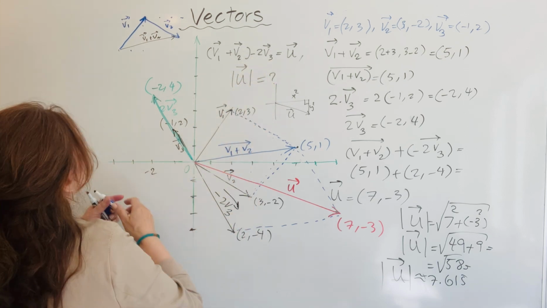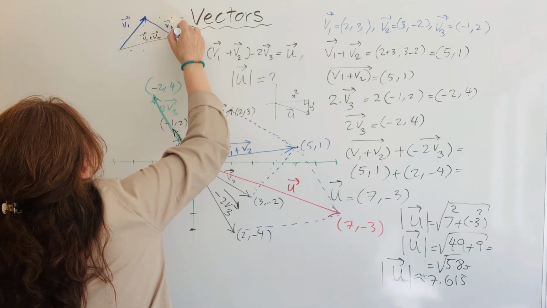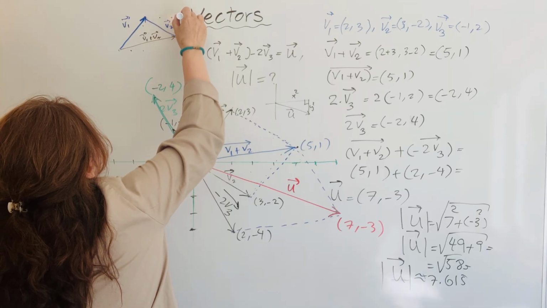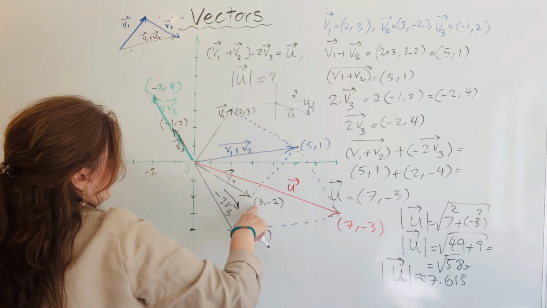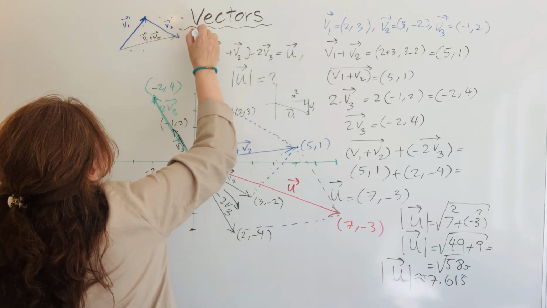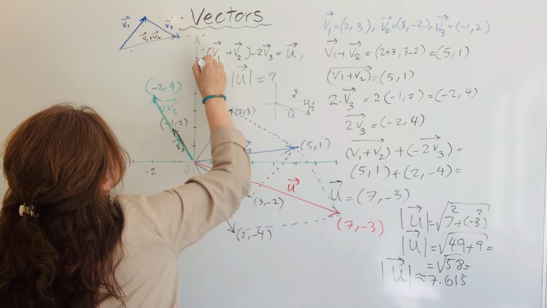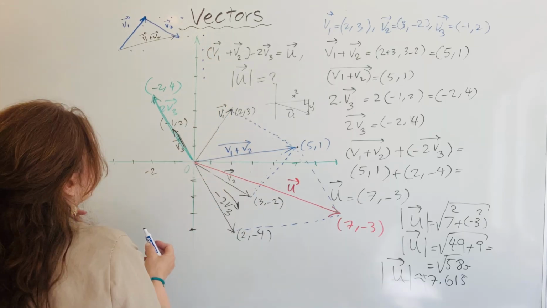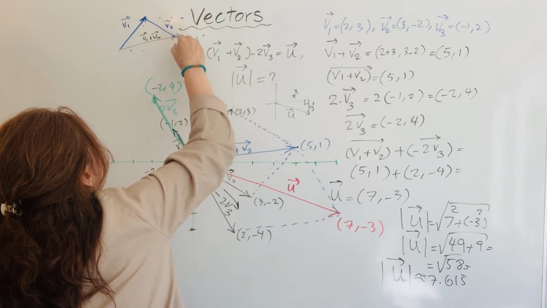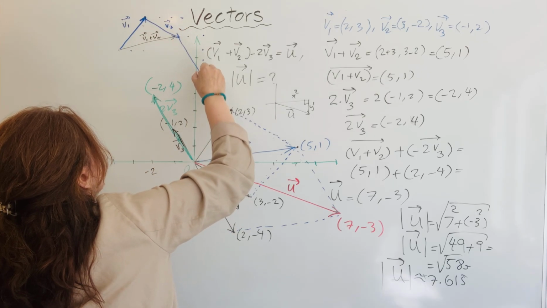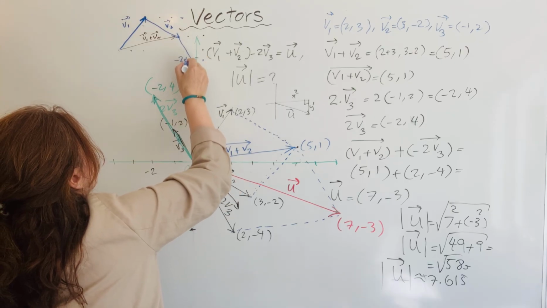Everything is 2, negative 4. 2 means 2 to the right, and negative 4 is 1, 2, 3, 4 down, somewhere here. This is negative 2V3.